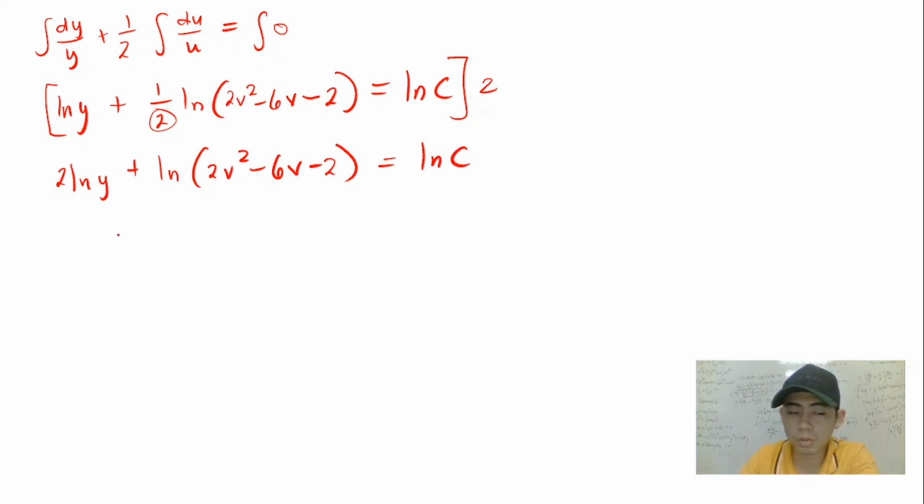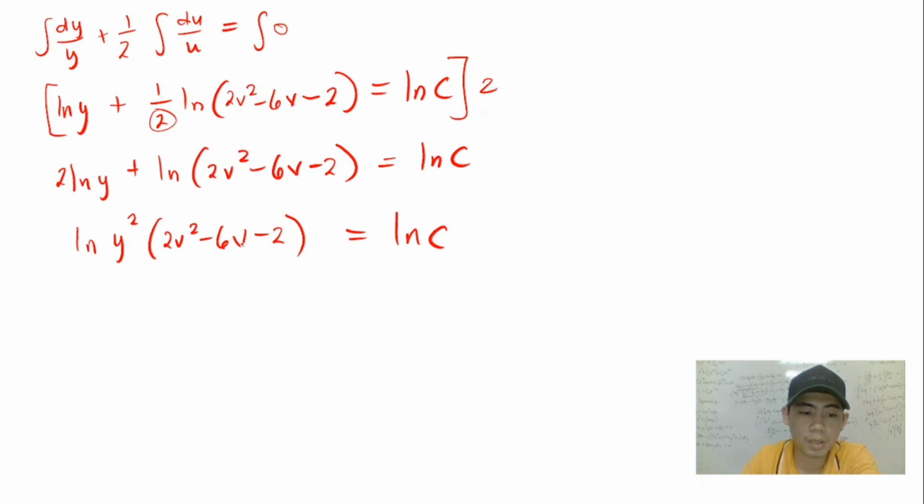Then, use the properties of logarithm that ln of y raised to 2 times 2v squared minus 6v minus 2 is equals to ln of c. Okay, sa properties ng logarithm, ito, equal siya dito mga lodi.